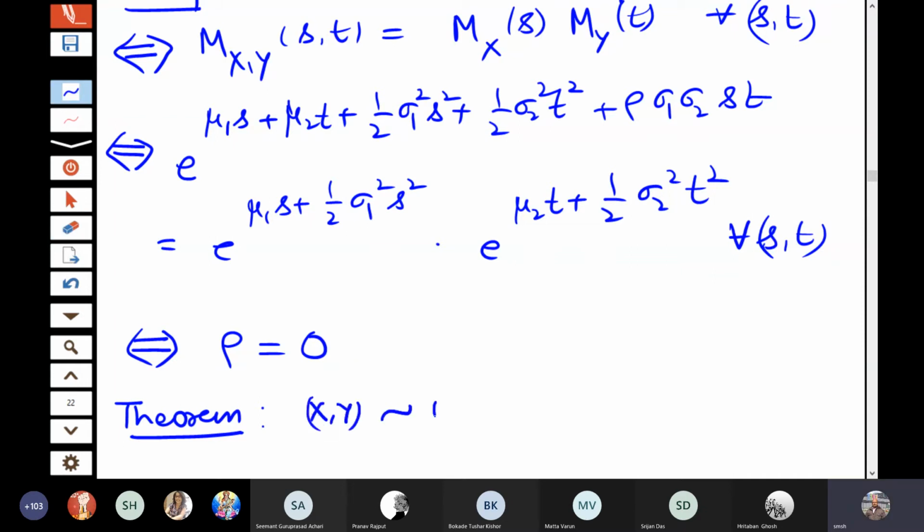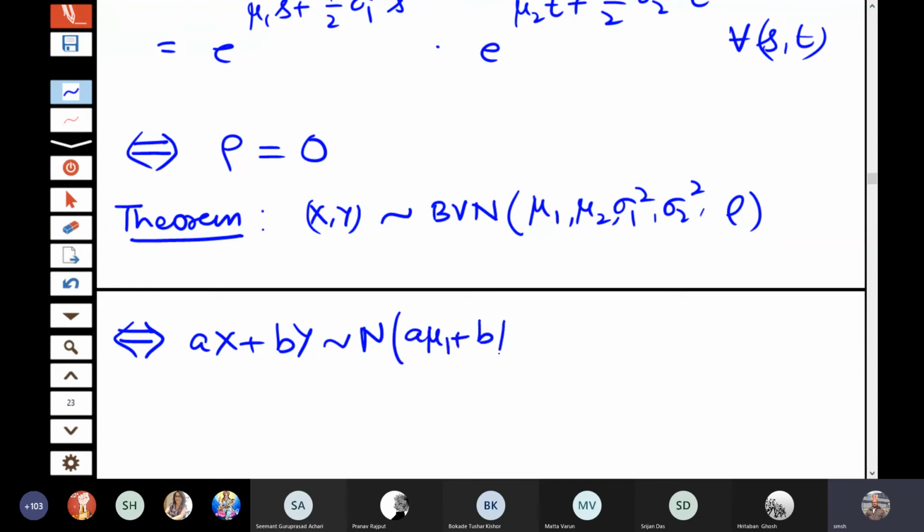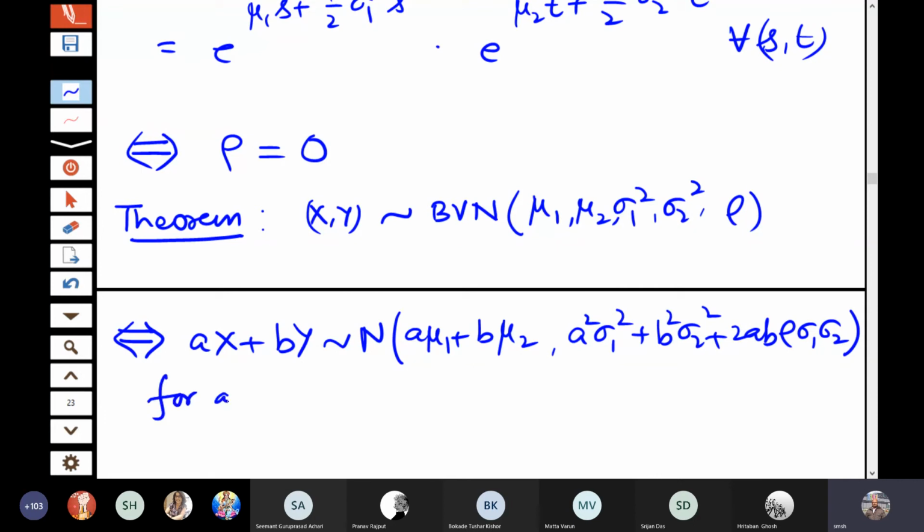X, y follow bivariate normal distribution with parameters if and only if ax plus by follows normal with mean a mu1 plus b mu2 and variance a square sigma 1 square plus b square sigma 2 square plus twice ab rho sigma 1 sigma 2, for all real a and b.